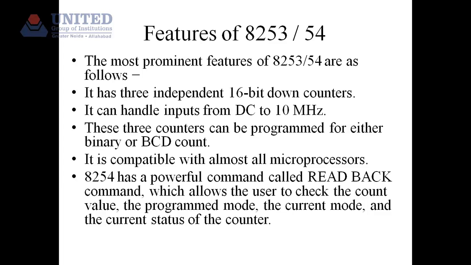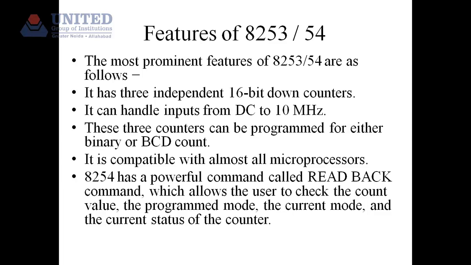DC means 0 Hz, so from 0 to 10 MHz it can handle. These three counters can be programmed for either binary or BCD. BCD, I think you know, is binary coded decimal, and they are compatible with almost all microprocessors, such as 8085, 86, 386 and so on.